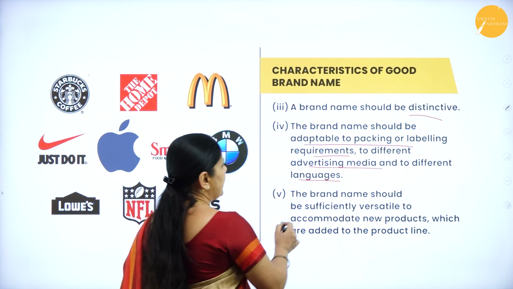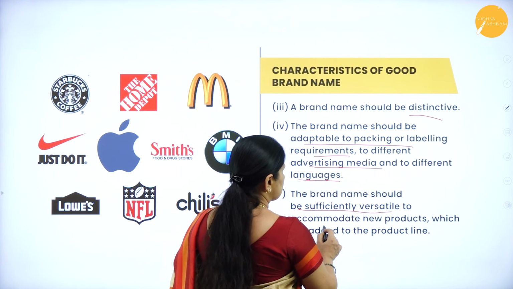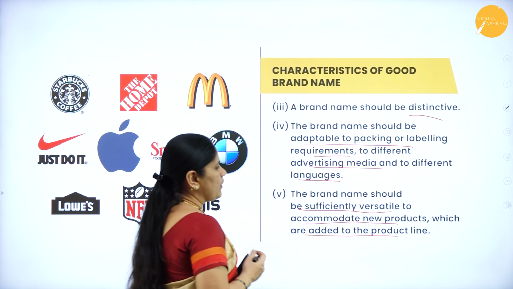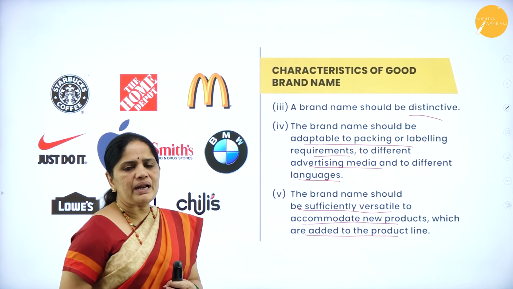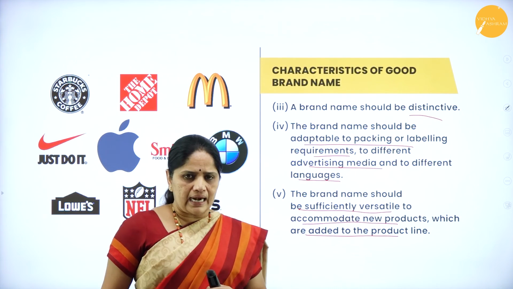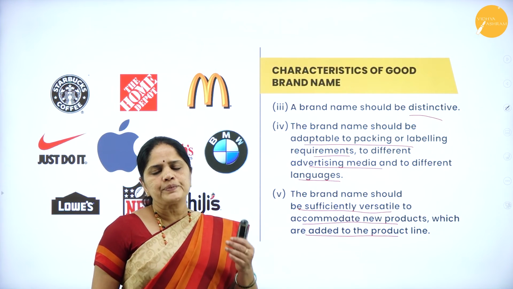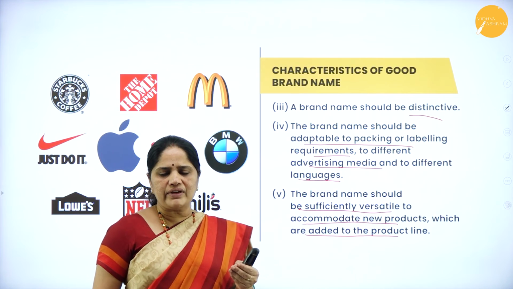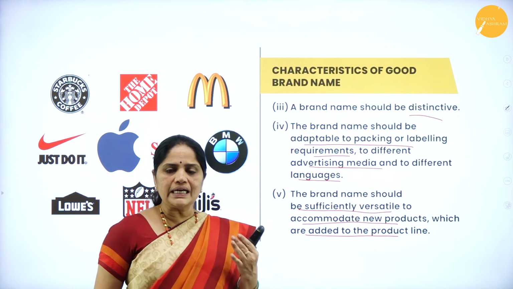And then the brand name should be sufficiently versatile to accommodate new products which are added to the product line. So whenever we have a brand name, it should adapt itself to the new product line. For example, Nandini. Nandini milk is very, very famous all over Karnataka.